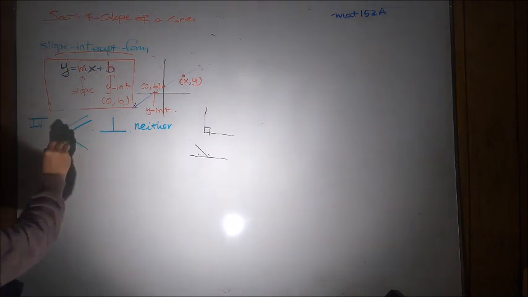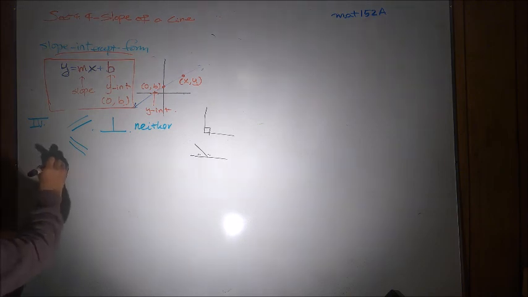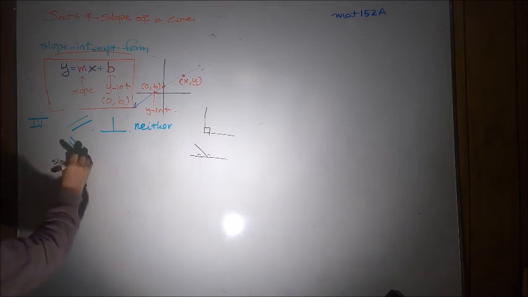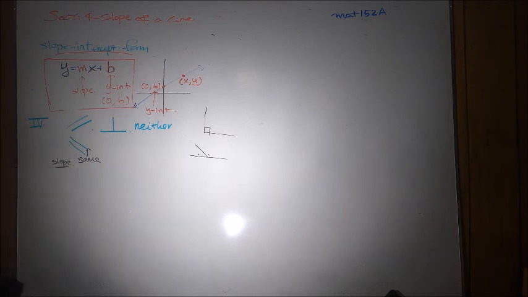Okay, so this way. If two lines are parallel, it means what? They have, how's the slope? Slope will be what? The same, right? For those.